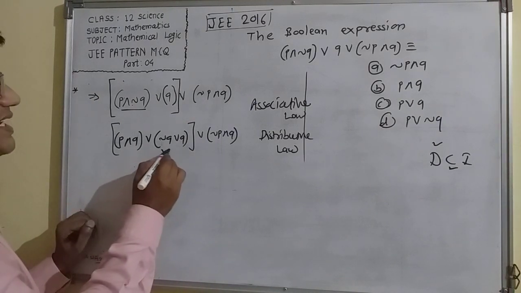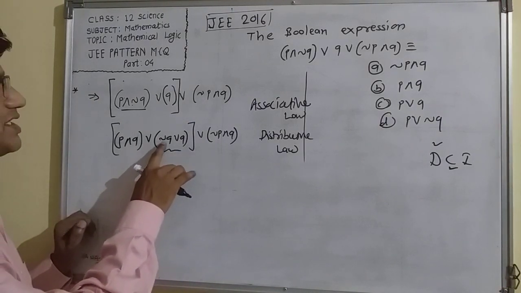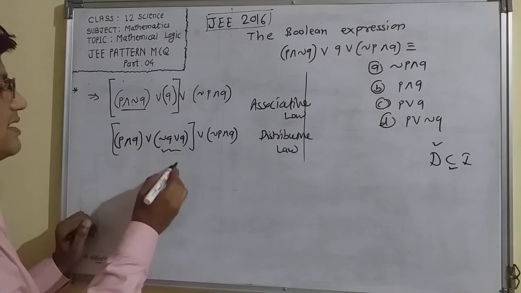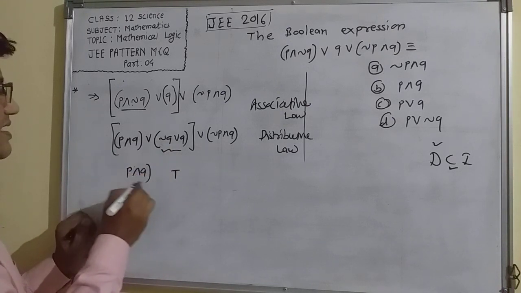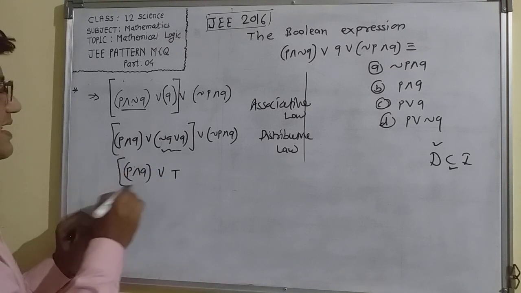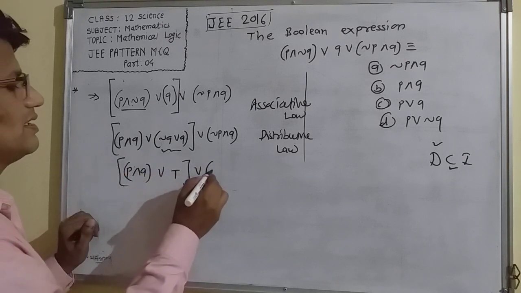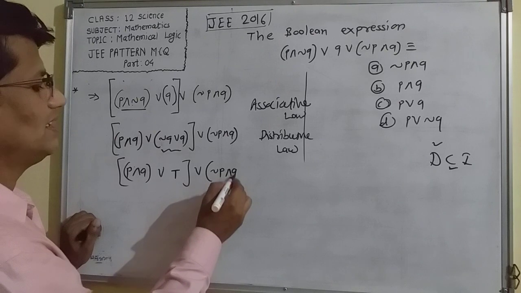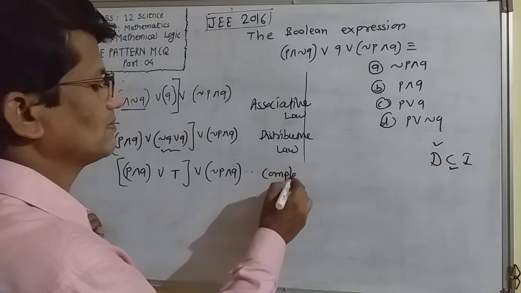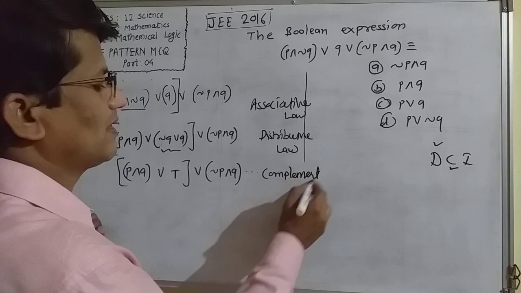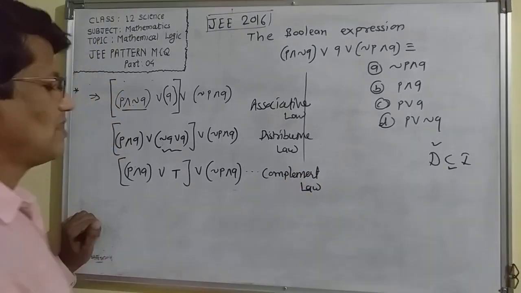complement law. The second bracket is a complement, negation Q or with this, the result is T, no change in other parts. Here the same one, square bracket as it is, or with negation P and with Q. This is a complement law.